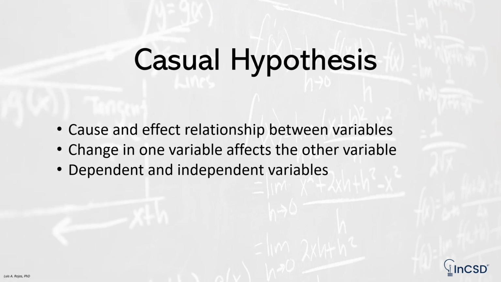If the idea is to measure, for example, how changes in one variable affect the other variables, and there is a distinct definition of dependent and independent variables, then, in order to evaluate this causal relationship, a causal hypothesis can be written.